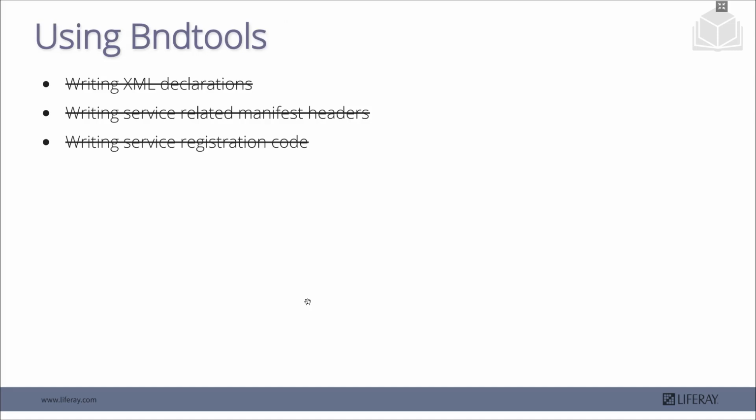So we don't really need to worry about writing XML declarations. We don't really need to worry about service-related manifest headers or service registration code. A lot of the writing that used to have to be done is going to be taken care of using BND tools. So we've seen how to create components, and we've seen now how BND tools is going to help us out along the way.